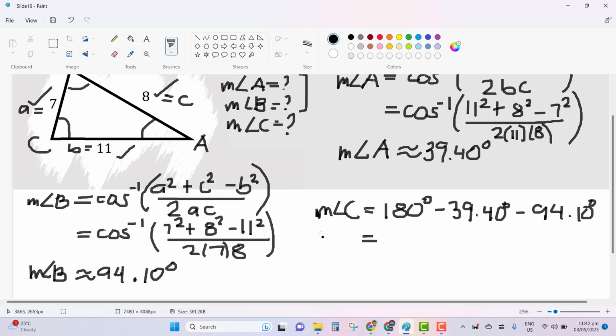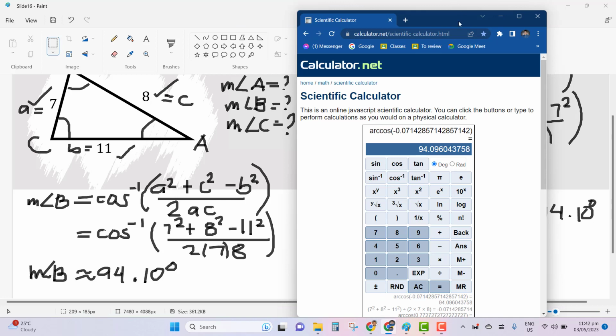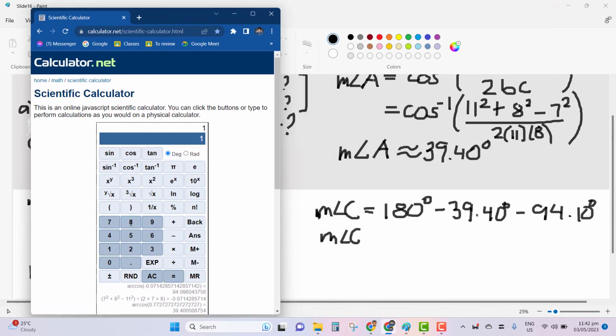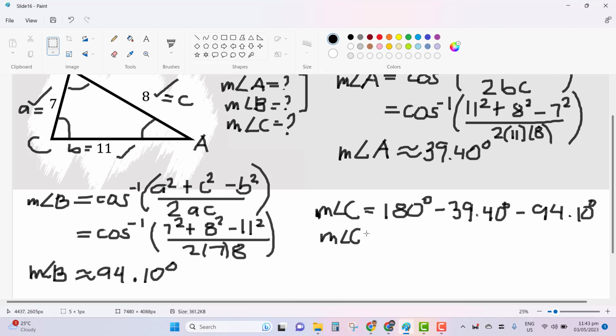So we will have the measurement of angle C, which is not equal, that's my bad, because even if you subtract that here, you will have 180 less 39.4 less 94.1, and even if it looks like 46.5, take note that the two measurements that we subtracted from 180 are both rounded-off values, so we still use approximation, and that's approximately 46.5.